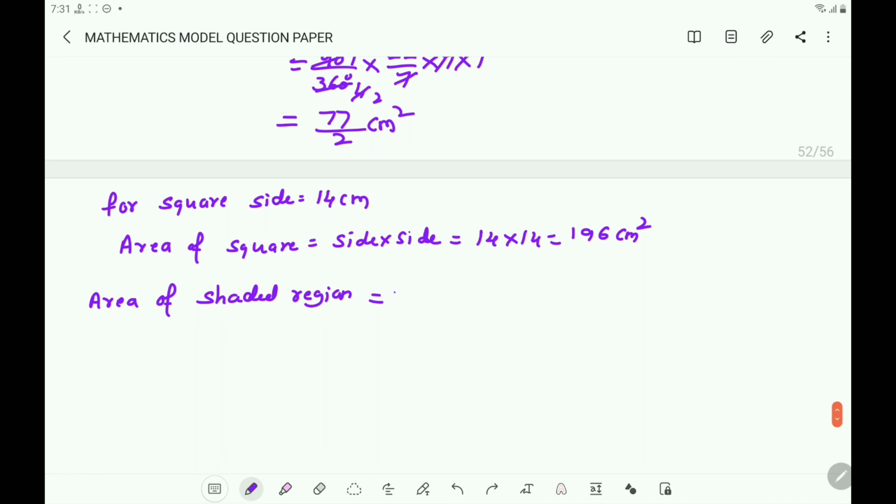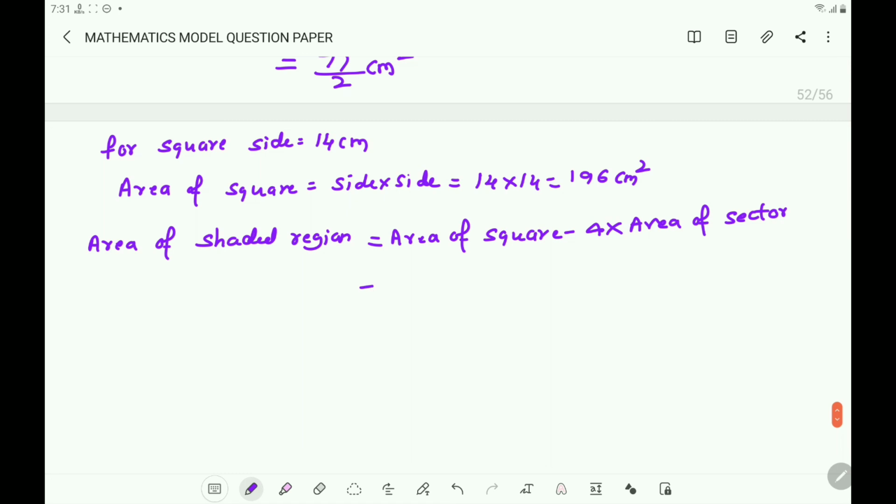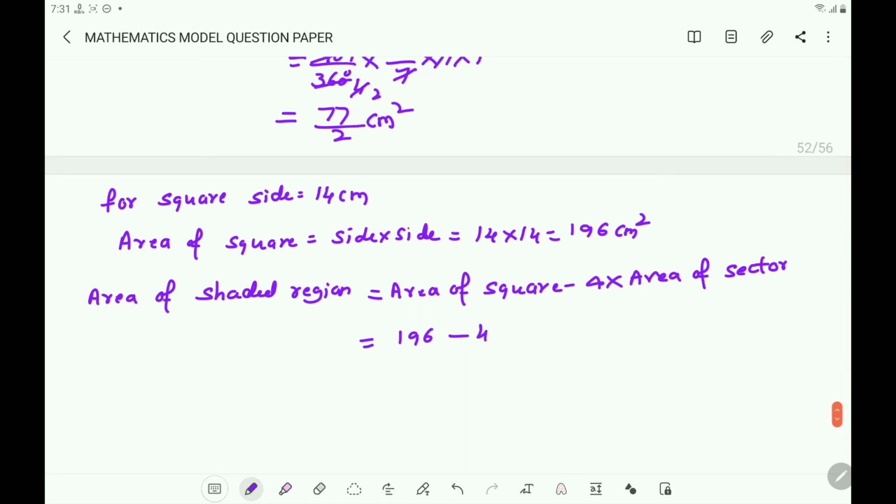So you write area of square minus 4 into area of sector, that equals 196 minus 4 into 77 by 2.